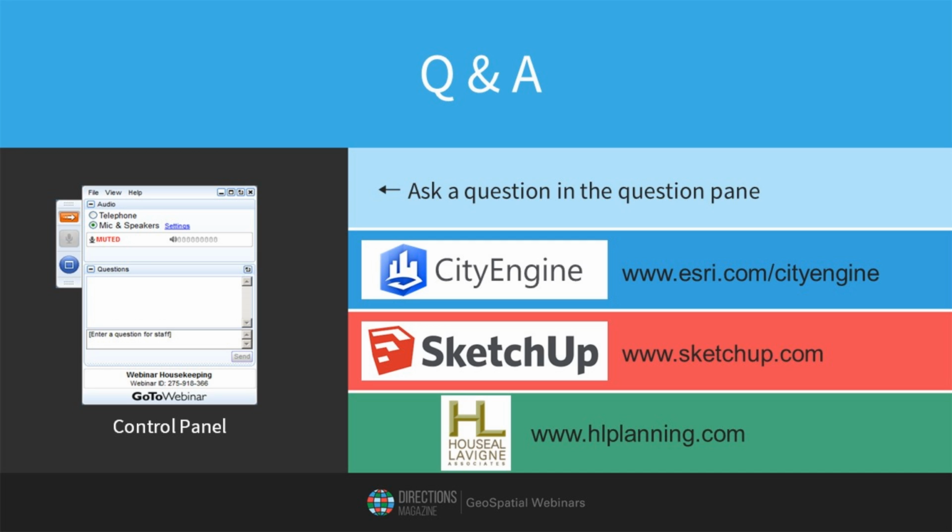Cool. I see a question here about whether you can publish a web scene for a whole city to a web page and expect to get decent performance. The new web scenes are a lot different than traditional web scenes. We even had a CityEngine web scene, and we still support this, but these web scenes that you may be familiar with are limited in scale and size.